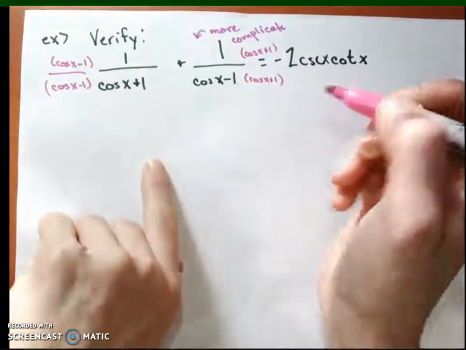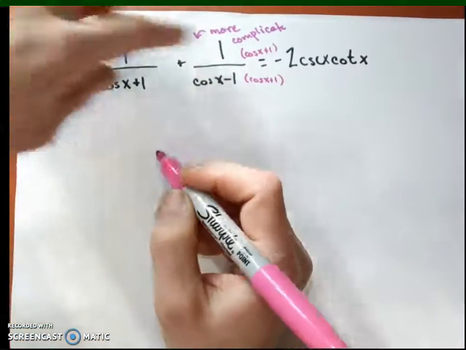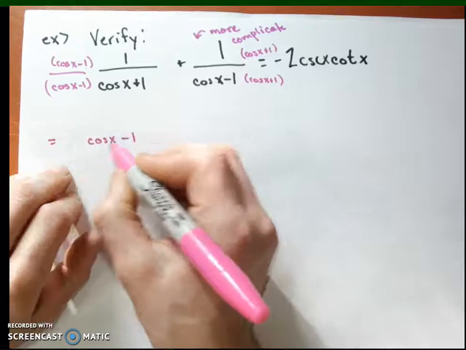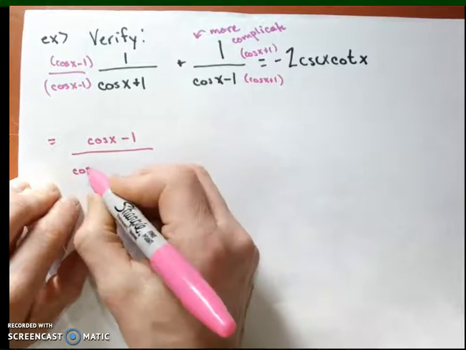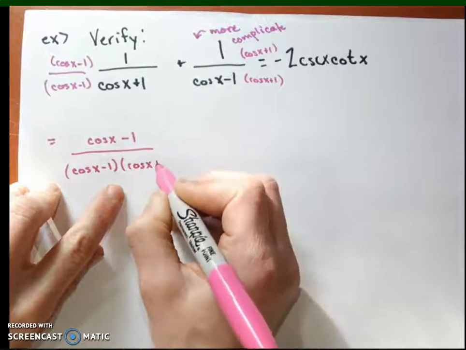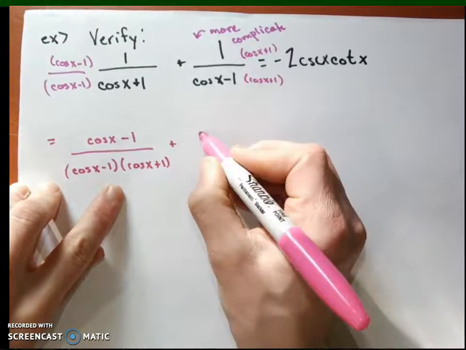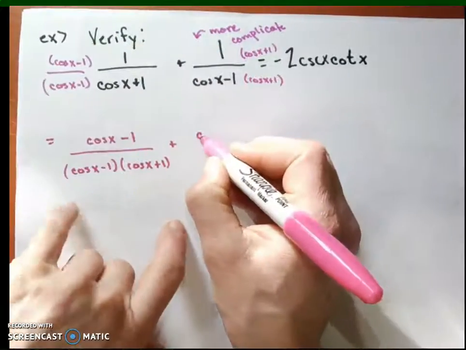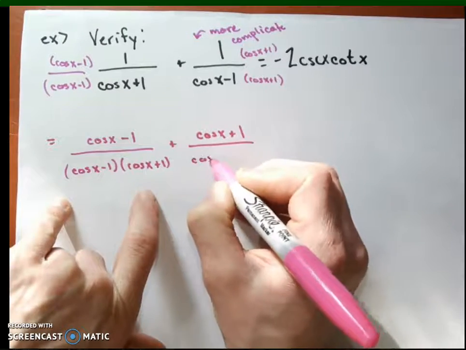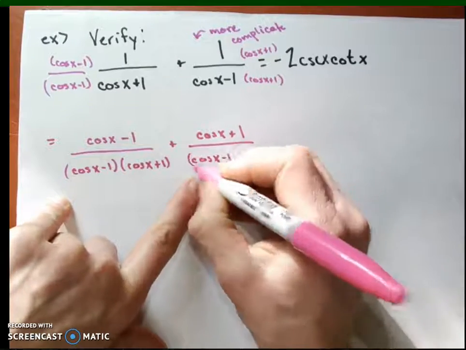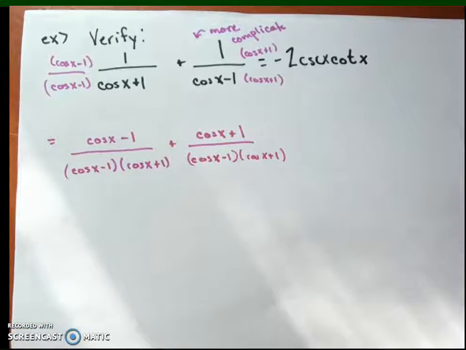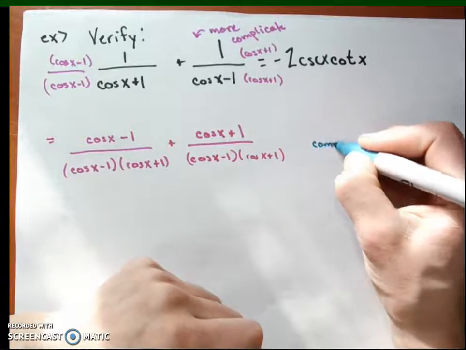So now, when I simplify these two, on top here, I'll have cos x minus 1 over cos x minus 1 times cos x plus 1, plus, on this one, I have cos x plus 1 on top over the same denominator, and so all I did here was get a common denominator.